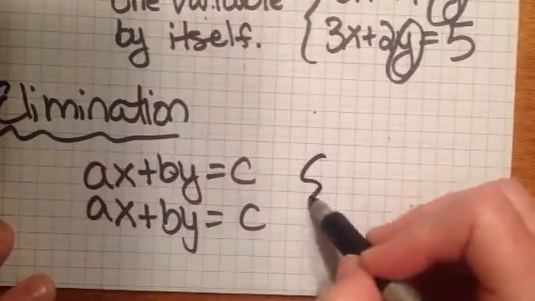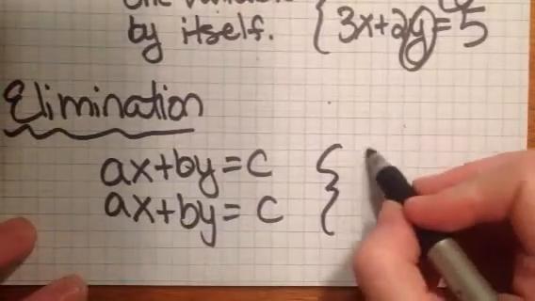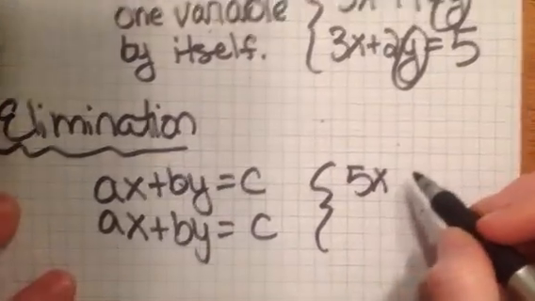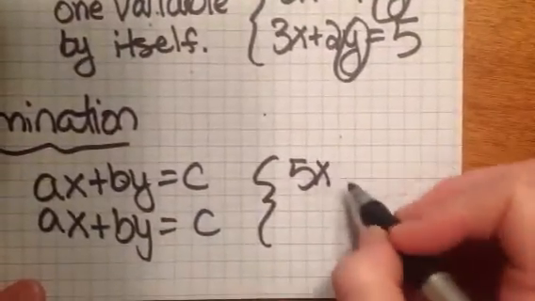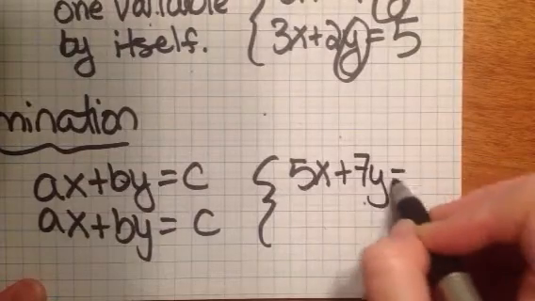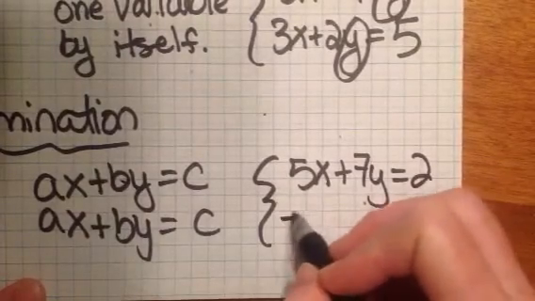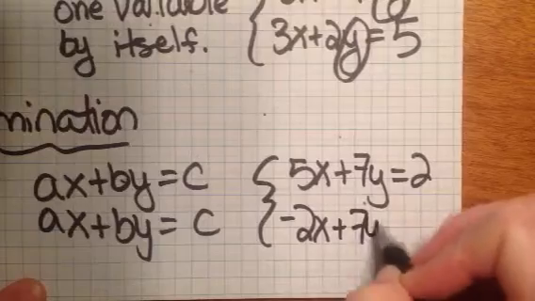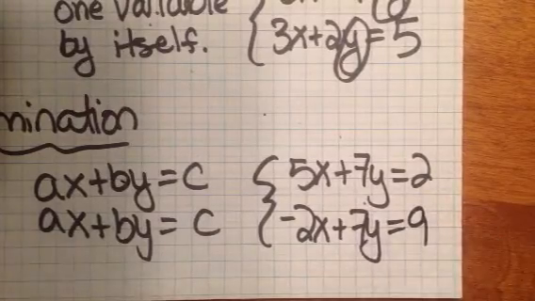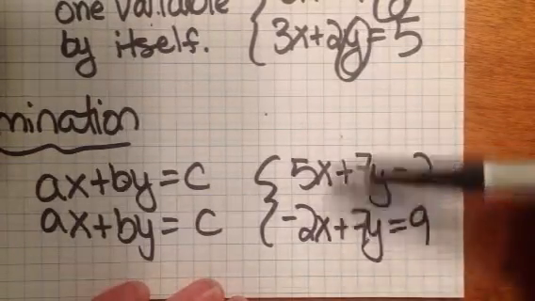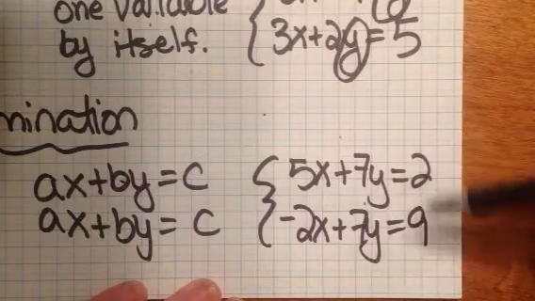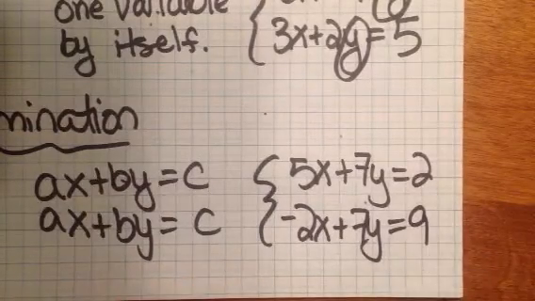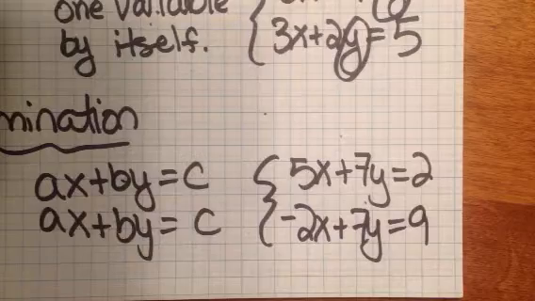So here's an example of a system that would lend itself towards elimination: 5x plus 7y equals 2, and negative 2x plus 7y equals 9. Again, because the x's are lined up, y's are lined up, and your constants are lined up, this is an opportunity to use that elimination method.